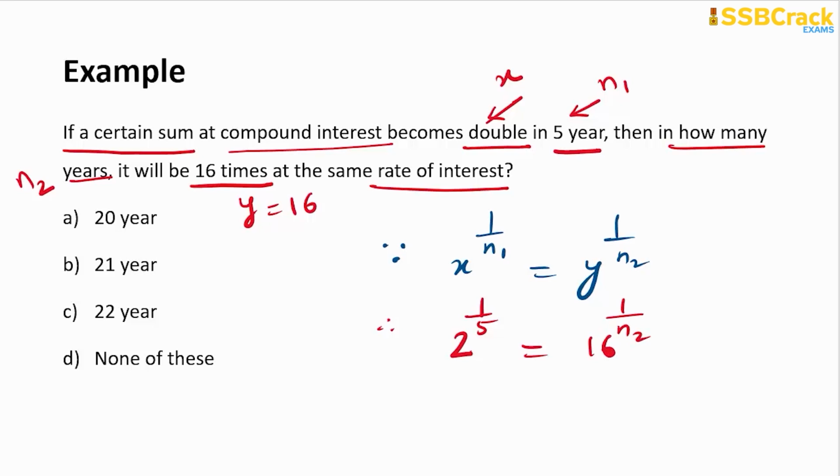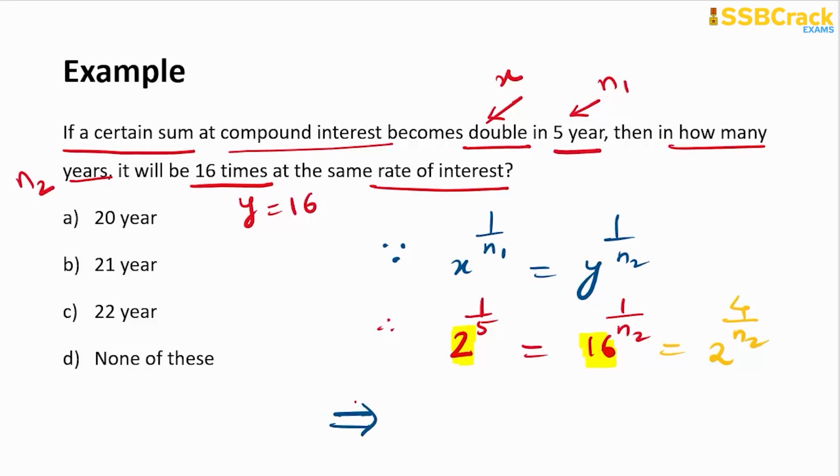Now, for such questions, your motto should be to make the base the same so that you can compare their indices. 16 you can express easily as a base of 2, because 16 is the fourth power of 2, isn't it? So I can write this as 2 to the power 4 by n2, because 2 to the power 4 is 16.